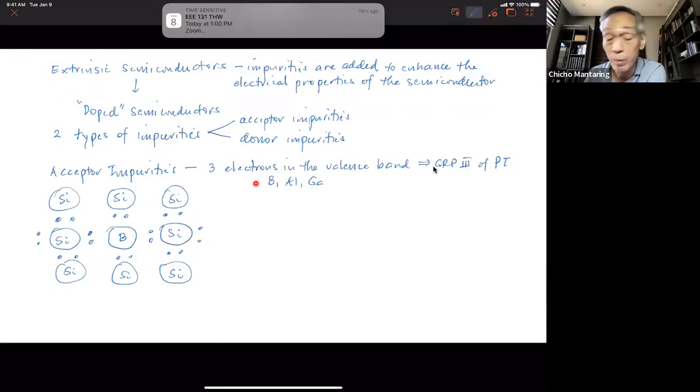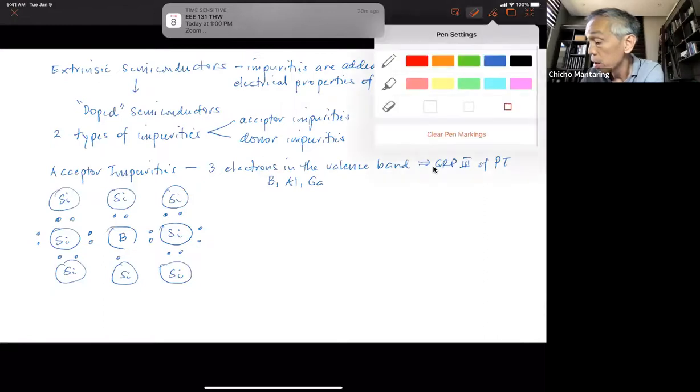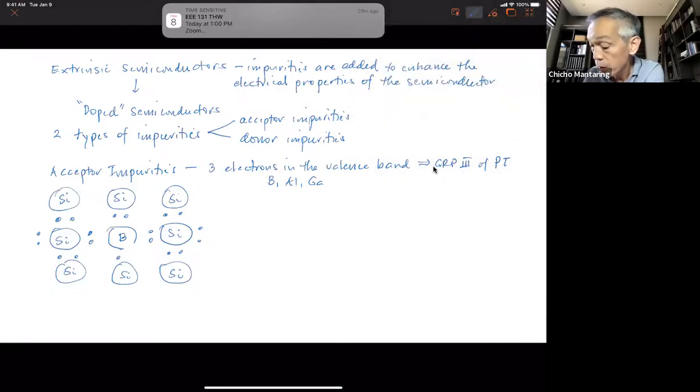But boron has only 3 electrons in the valence band, no? As opposed to silicon, which is 4. So, in fact, magiging kulang to. This boron will only be able to share 3 electrons with 3 other silicon atoms. In other words, there's going to be a hole here.